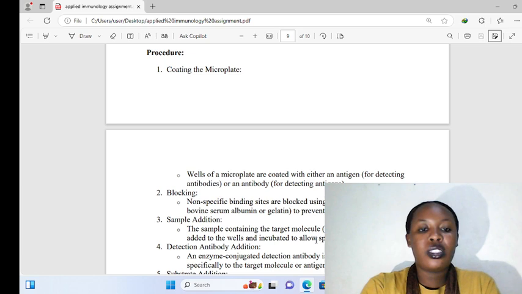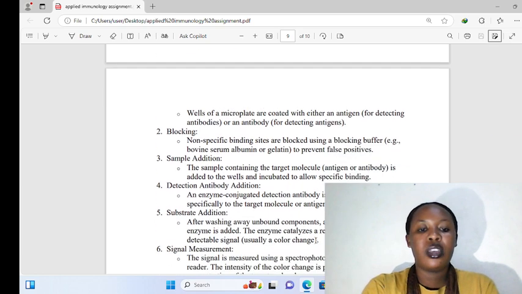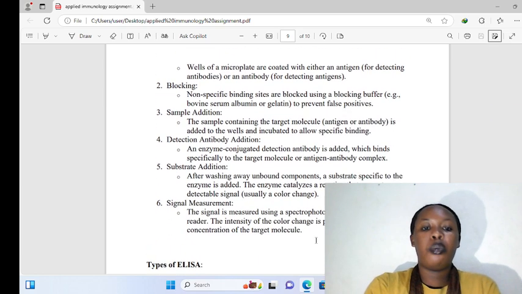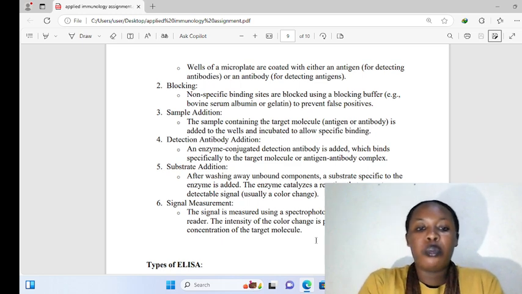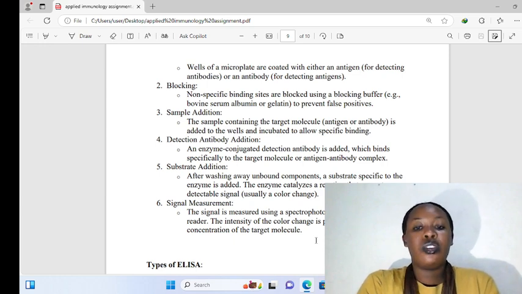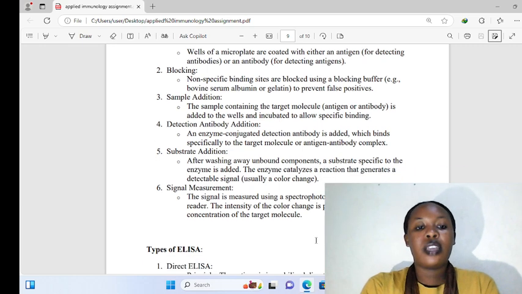First of all, we coat the microplate. The wells of the microplate are coated with either antigen for detecting antibody, or with antibody for detecting antigen. Secondly, we block.